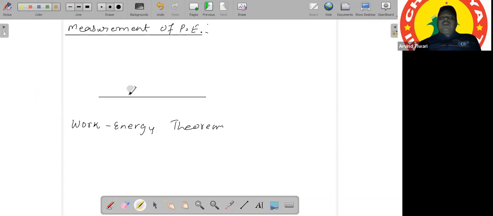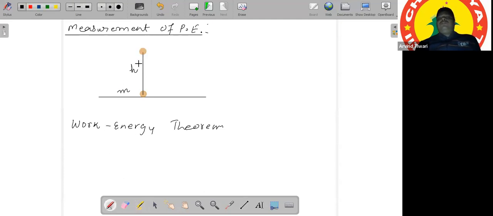So we are going to use that. First of all, let's say we have some mass m, and we want to lift this mass from the ground position to a certain height h. Let's say this is the height h.